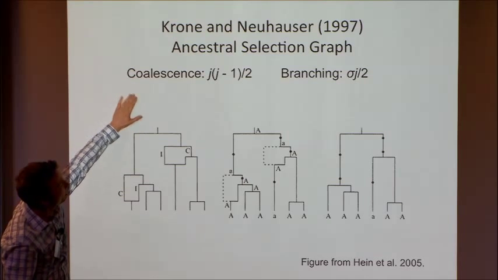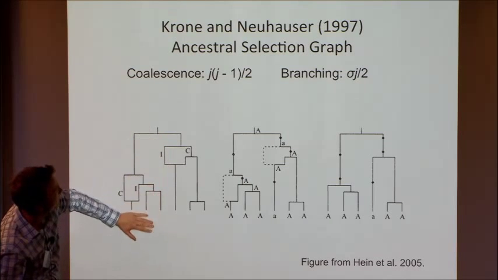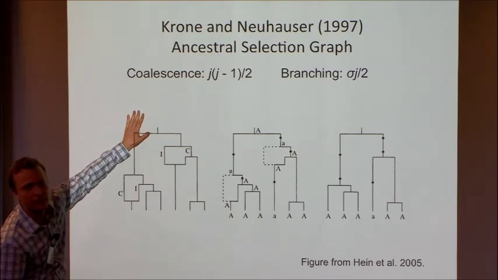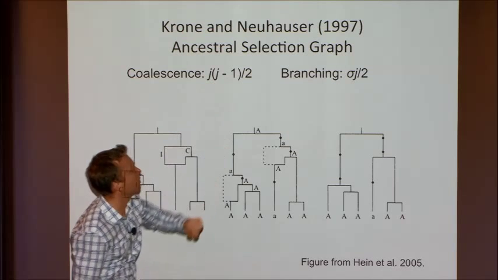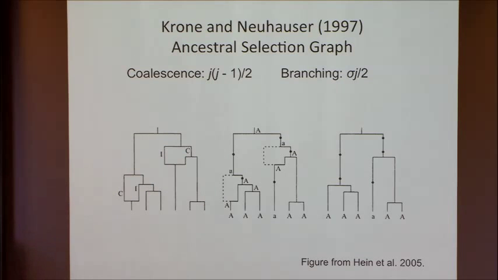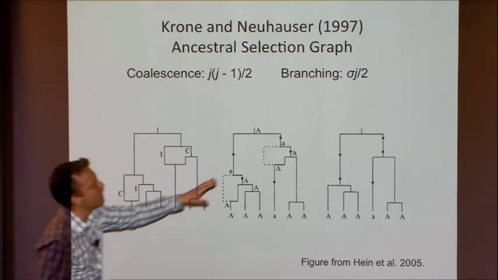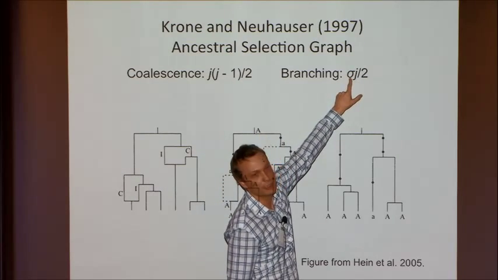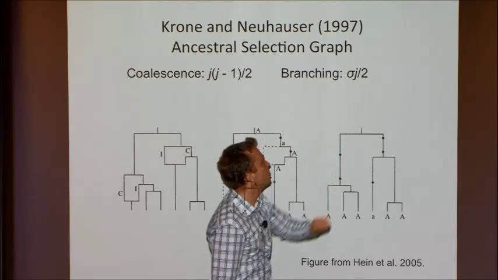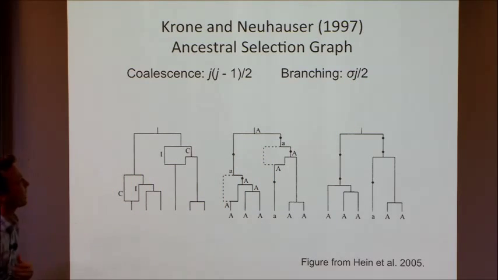If you want to simulate a process like this, you would simulate coalescence events like normal. They occur at rate j times (j minus 1) over 2, or j choose 2, if there are j lineages. But the new thing is that you have branching events that occur at a rate sigma j divided by 2. This is the selection parameter 2Ns, the same thing as gamma from before in the simplest models.